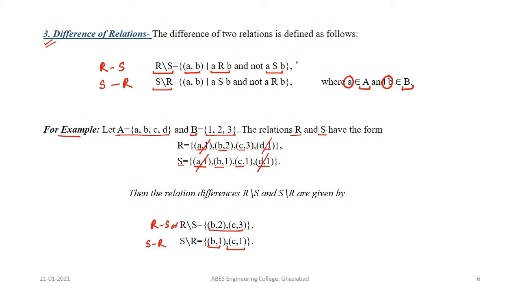Similarly, we can find S minus R. As we can see, the ordered pair (a,1) also belongs to R, so we will remove this ordered pair. (d,1) also belongs to R, so we can't insert this ordered pair into S minus R, because S minus R is the set of the ordered pairs which belong to S but do not belong to R. So only two ordered pairs will be there in the relation S minus R: (b,1) and (c,1).